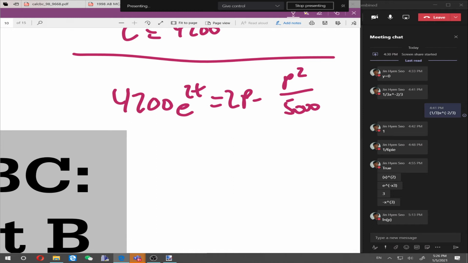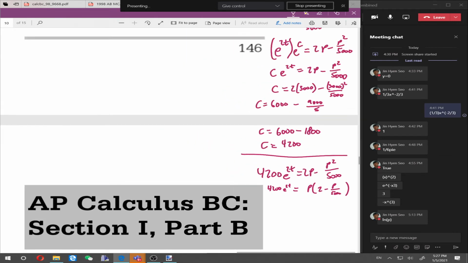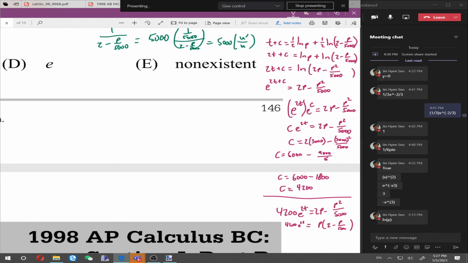I can do p over 5,000 by 2 minus p over 5,000 right now. It's not going to help, I don't think. I think I've grouped as much as I can.